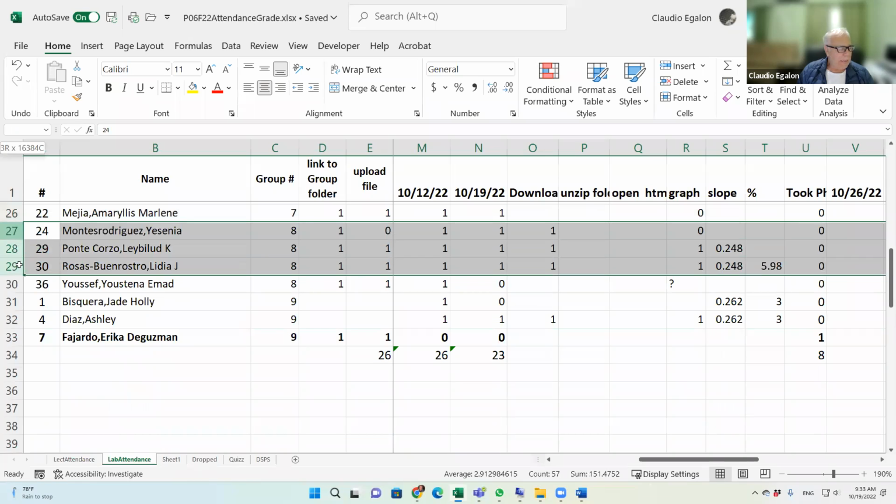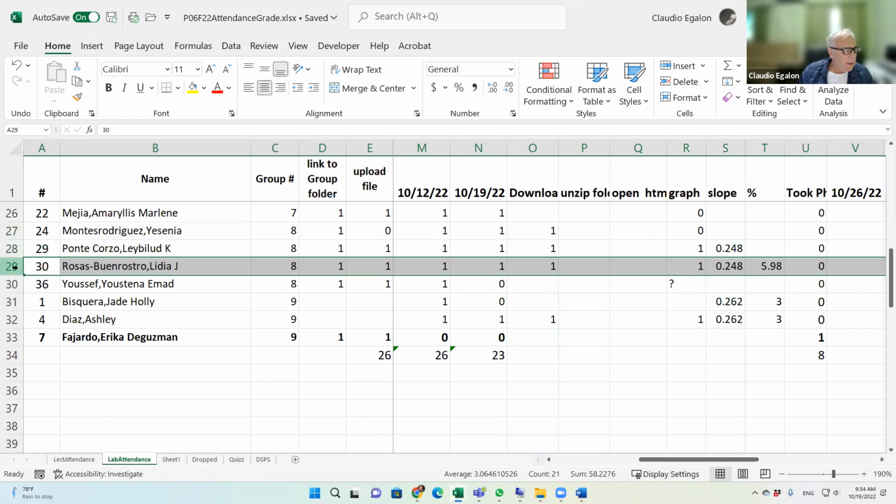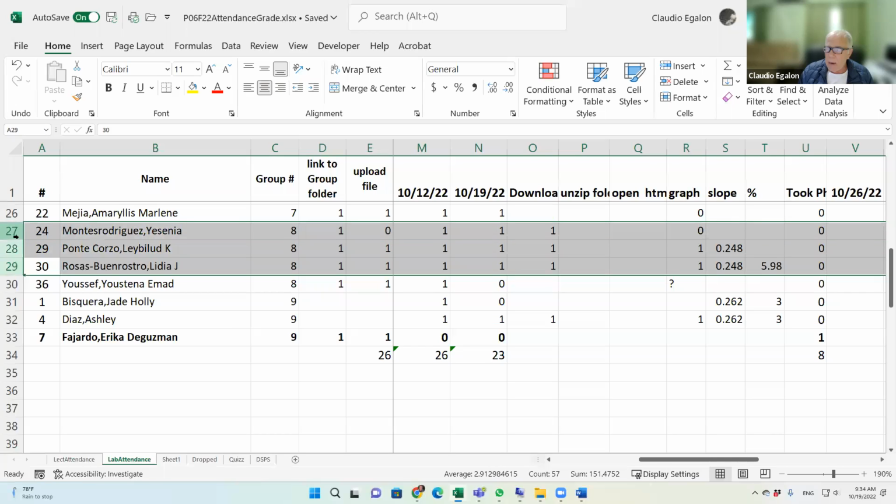And group 8. Lady Lud, I guess you were able to see that, right, Lady? Okay, so I'm not getting an answer from Lady Lud. What about Lydia? Were you able to see the grades there, Lydia? Yes.